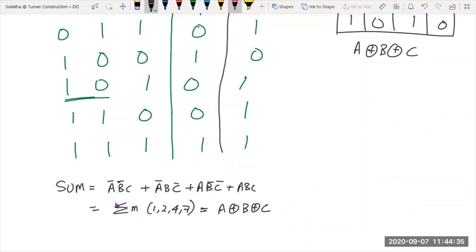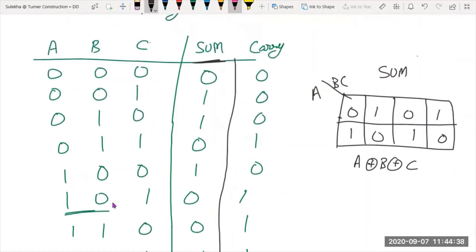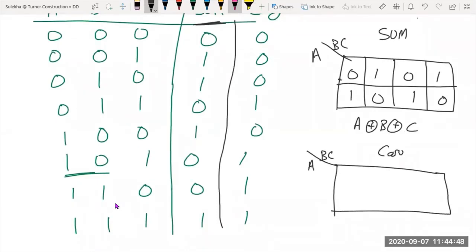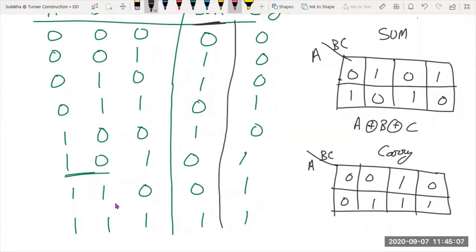So after realizing the expression for summation, we will go for carry. I solve it by the same method, a k map for carry, like this I am making for carry. If you substitute, 4 ones are there, so it will be here, here, here, and here. Apart from this, everything will be 0.